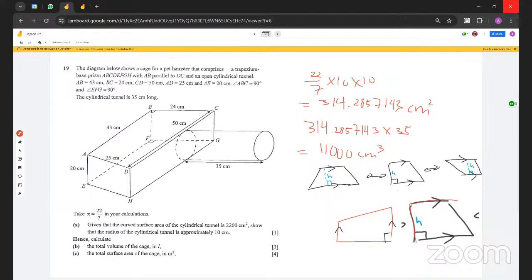Area of rectangle is just like that. Now I draw a very particular rectangle. The rectangle I draw, you notice, has the same height as the trapezium, but the width is very specific. The width is in the middle of the shorter guy and the longer guy. It is in the middle.